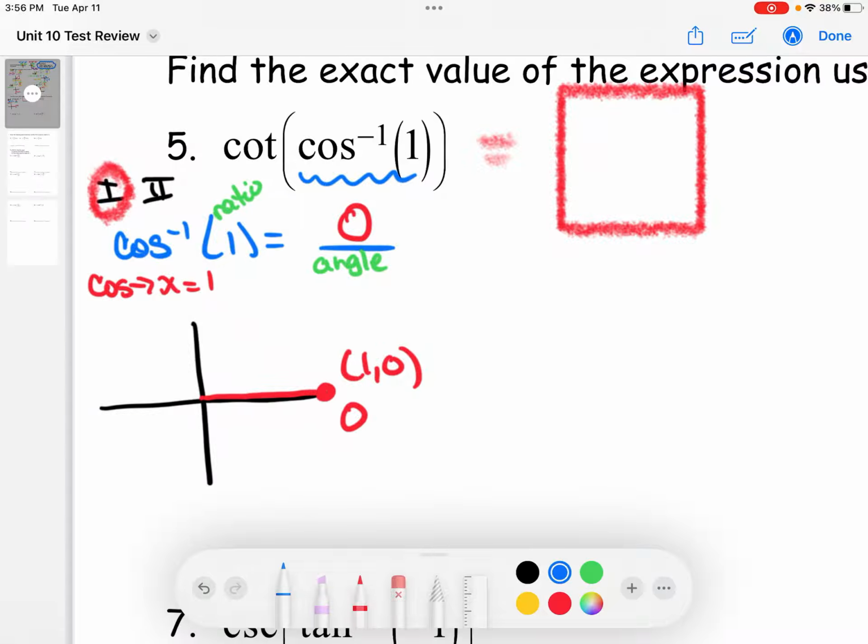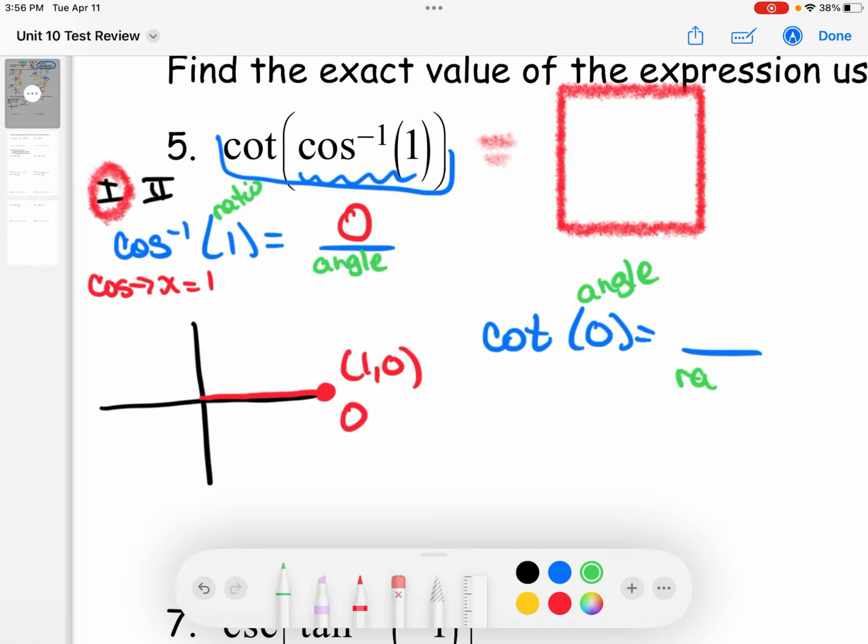Now, we do the second part of this. Now we do cotangent of 0 will equal something. That 0 being inside a regular trig function is an angle, so we're looking for its ratio. Cotangent is x over y.